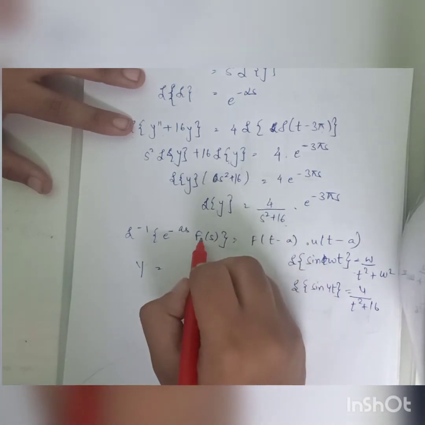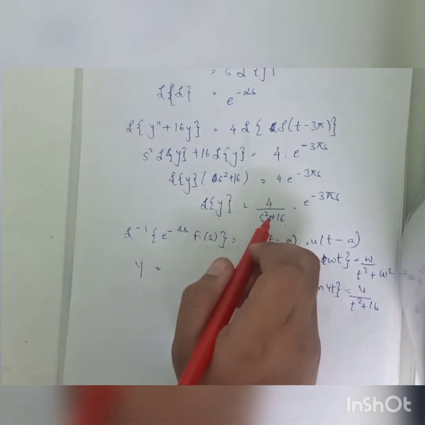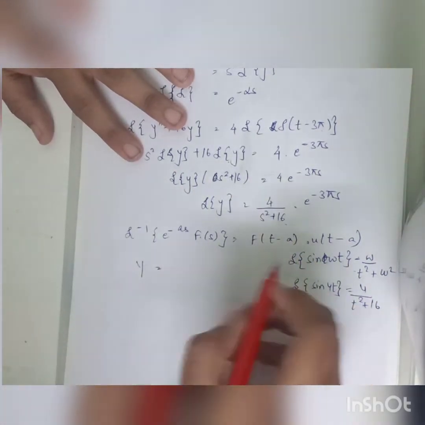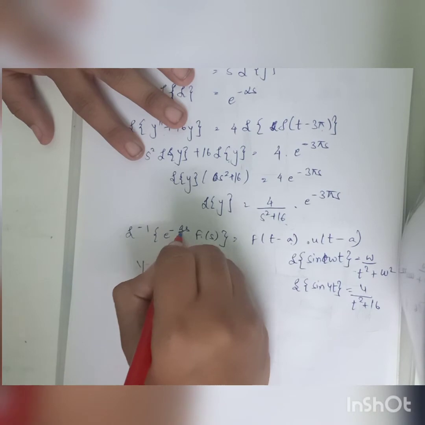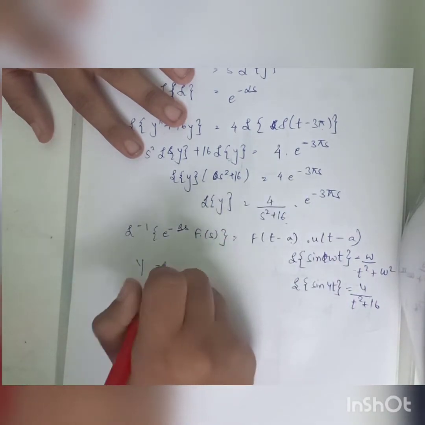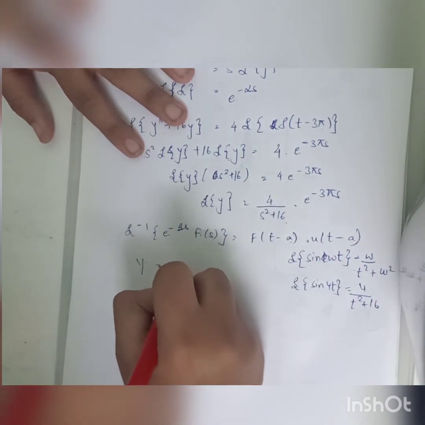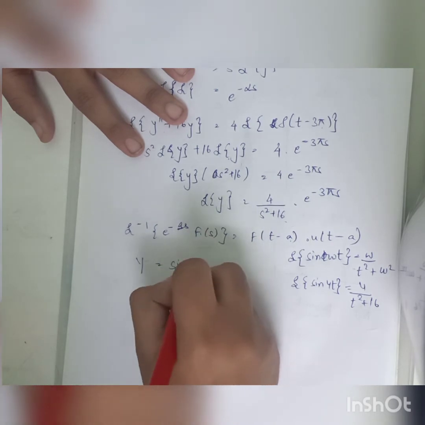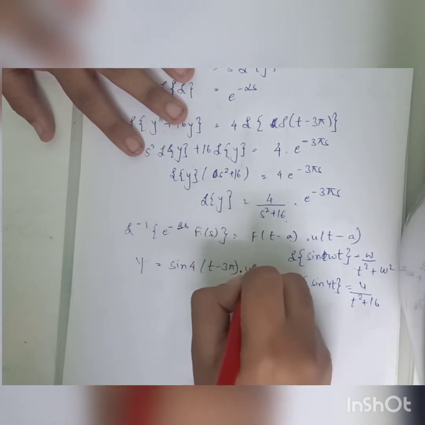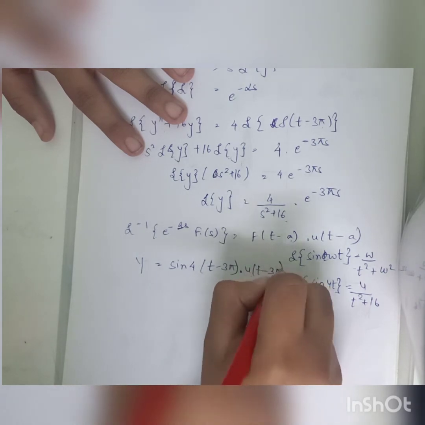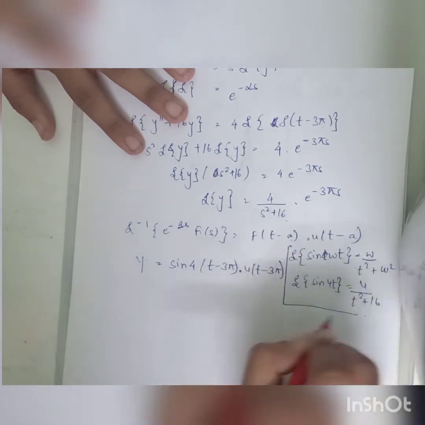So f will be sine 4t and a will be 3 pi. So y is equal to sine 4(t minus 3 pi) into u(t minus 3 pi).